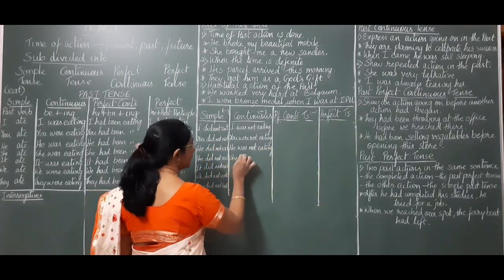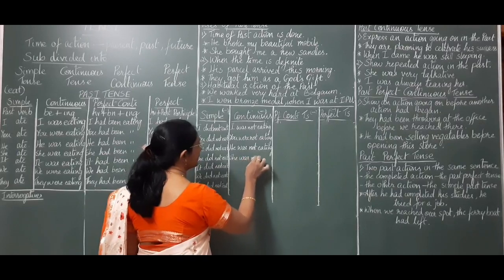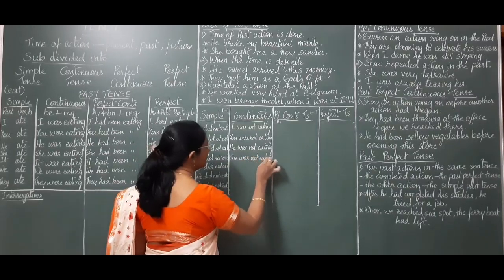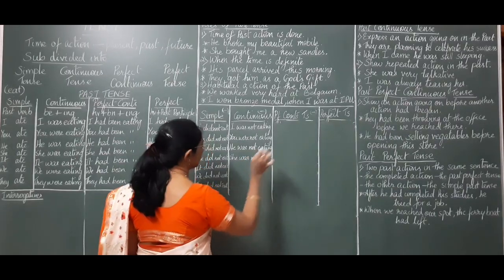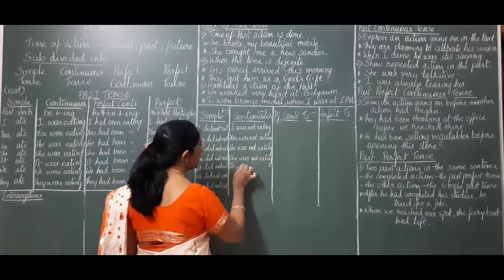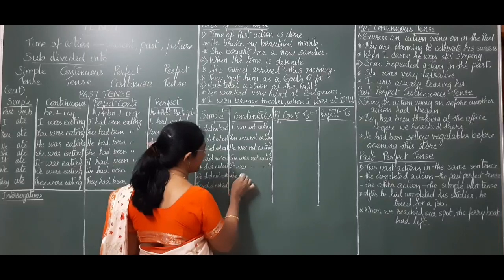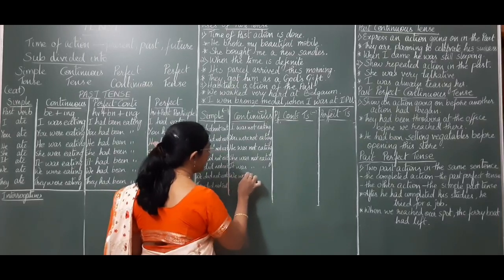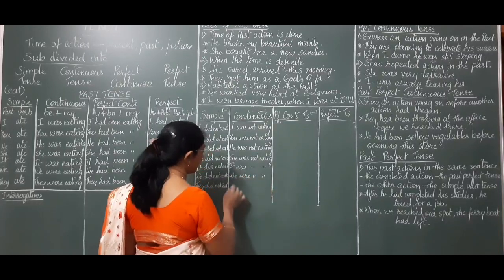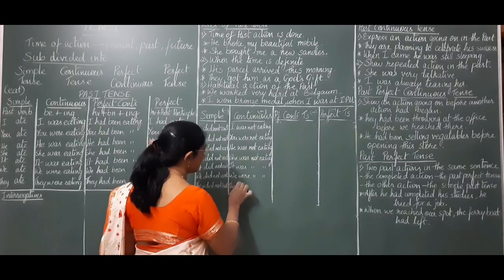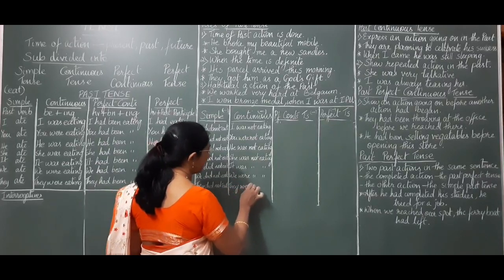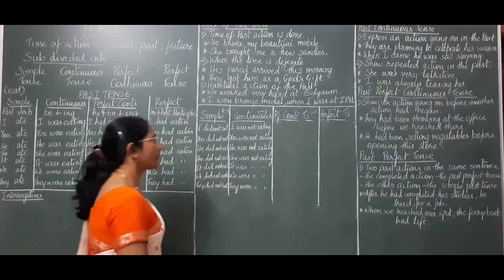She was not eating. It was not eating. We, first person plural, were not eating. Third person plural, they were not eating.